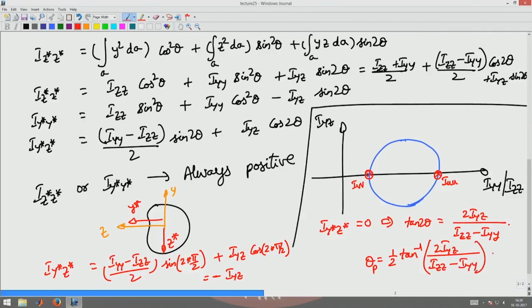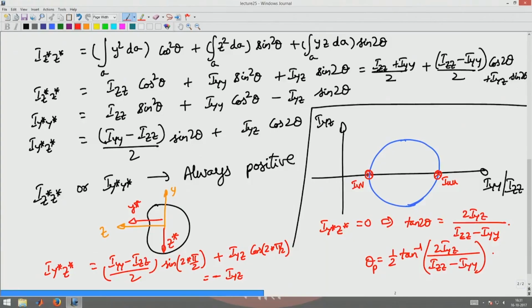This is similar to finding the principal stresses or principal strains and their orientations. Again, you have to be careful when you do this tan inverse operation. The angle has to vary between 0 and 360 degrees, so it matters whether the numerator and denominator are positive or negative. All these four cases determine which quadrant the axis is in, and what the corresponding theta is. So you have to be careful there.